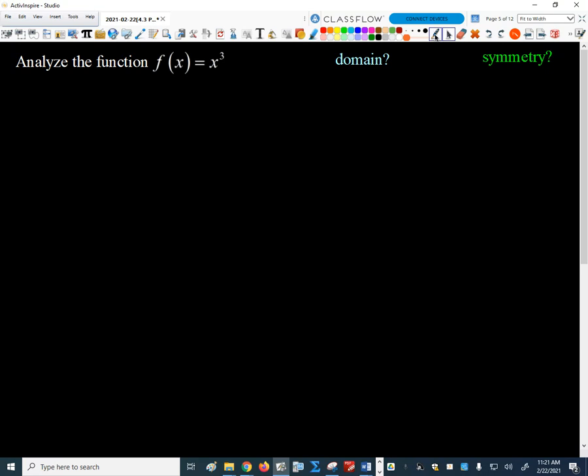Okay, the domain here would be all reals, right? How about symmetry? Is there any symmetry on this? Type it in chat if there's symmetry. Do we have even or odd symmetry on this?